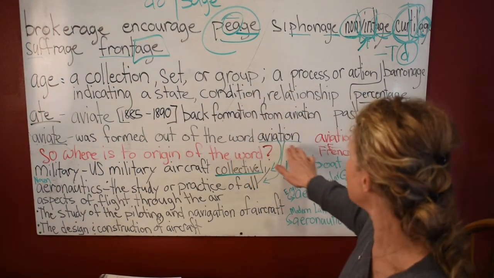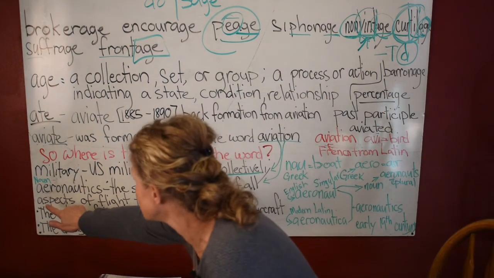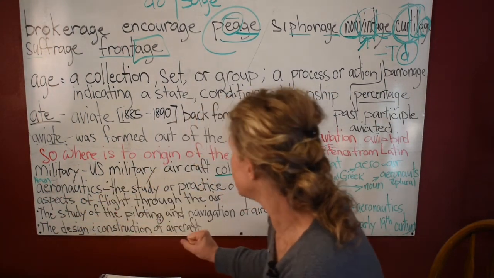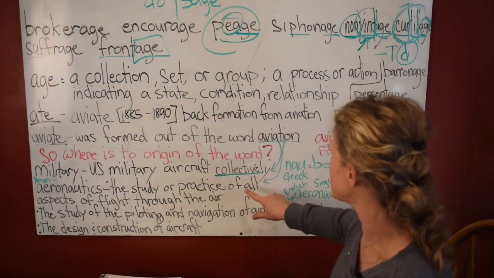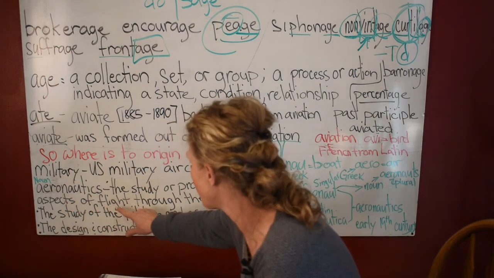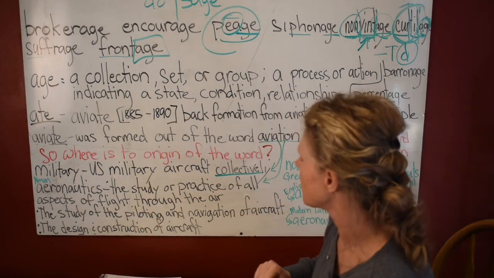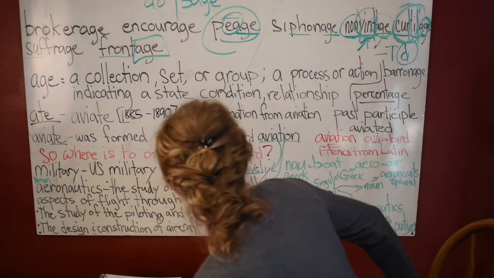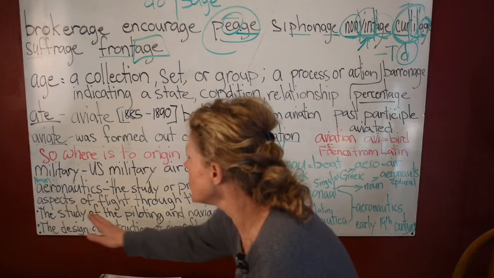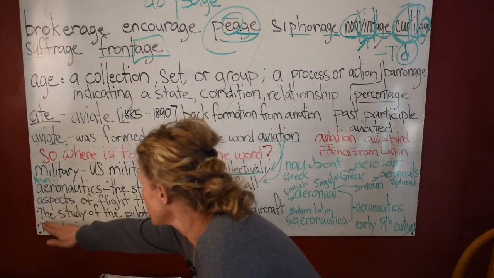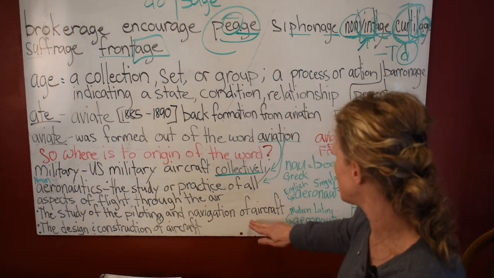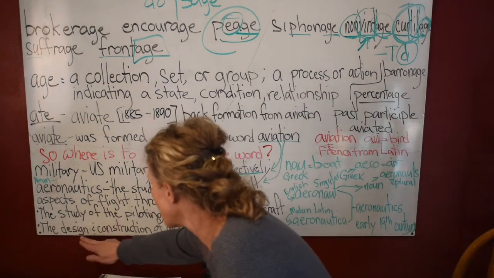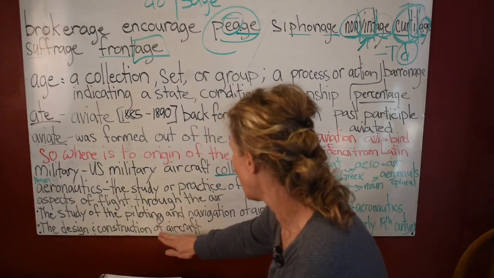So now aviation also means aeronautics. Aeronautics is the study or practice of all aspects of flight through the air. And it also means the study of the piloting and navigation of aircraft, the design and construction of aircraft.